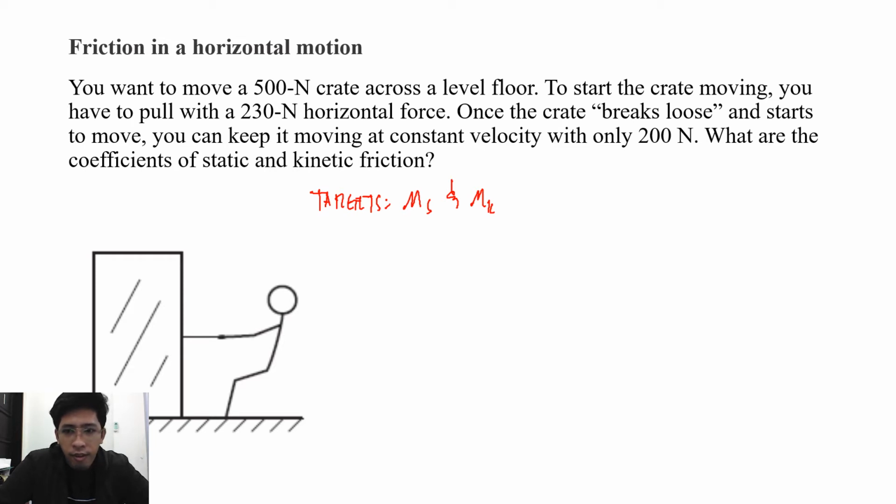But again, from our strategy, what we do is to draw first the free body diagram. So just a rough free body diagram.